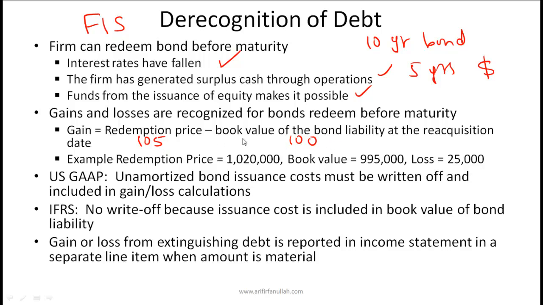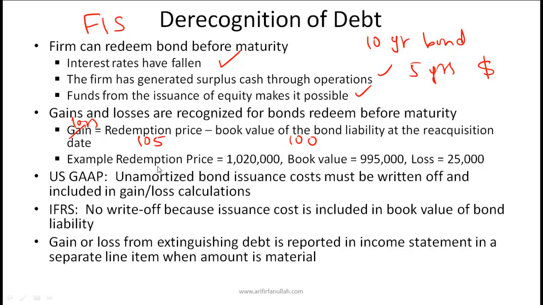So this difference of 5, 105, which is the redemption, minus the book value of the liability, 100. So what is going to happen here is you are going to record a loss of 5.